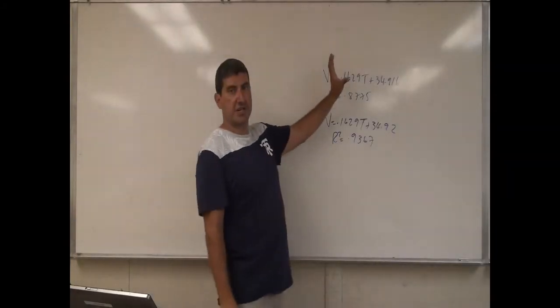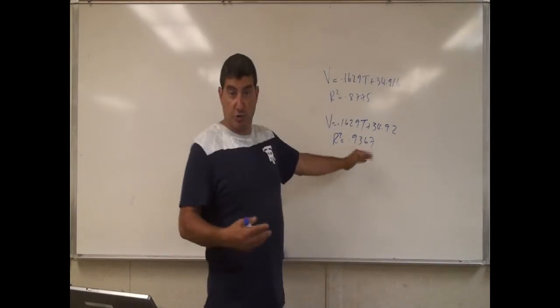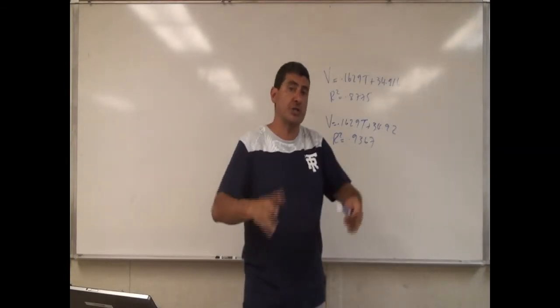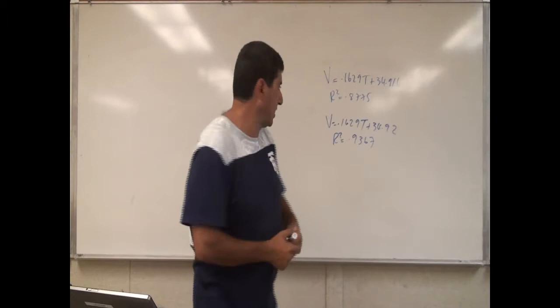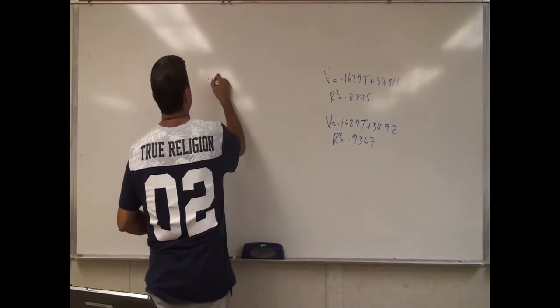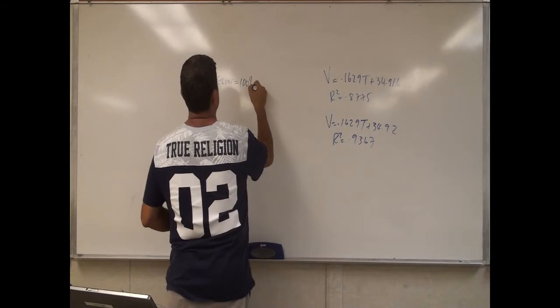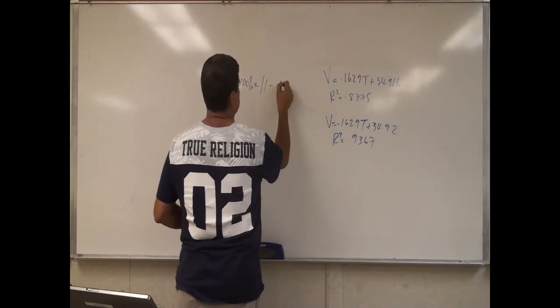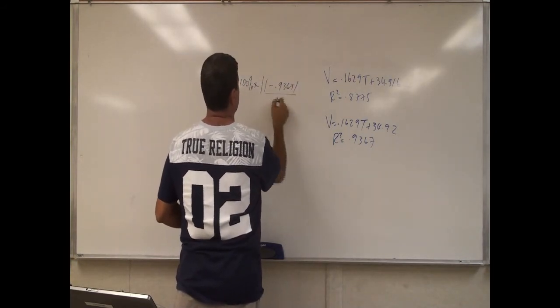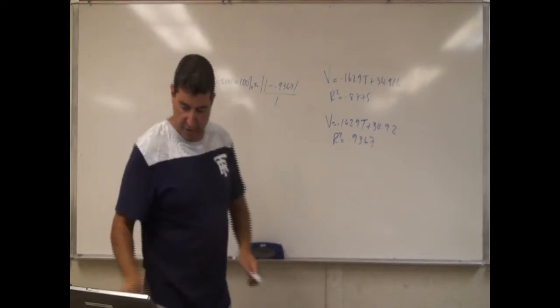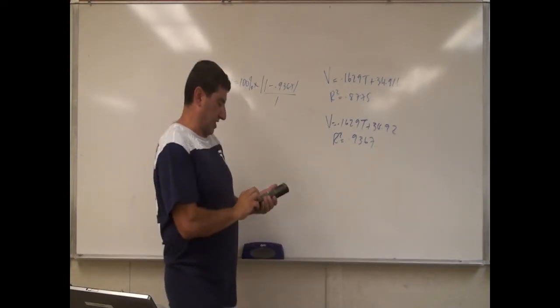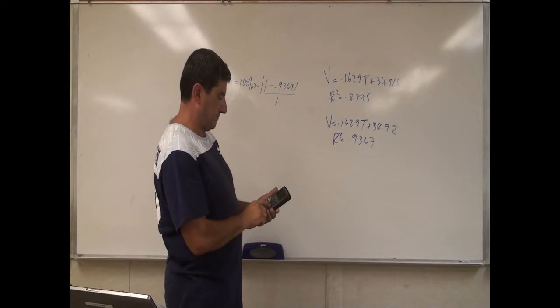So you can see here, these are the results that I got from Excel. I can use the better correlation and I can say how much off am I from being a straight line. So then my percent error is going to be 100% times 1 minus 0.9367 over 1. So that's going to be about 6-7% off from being a straight line.